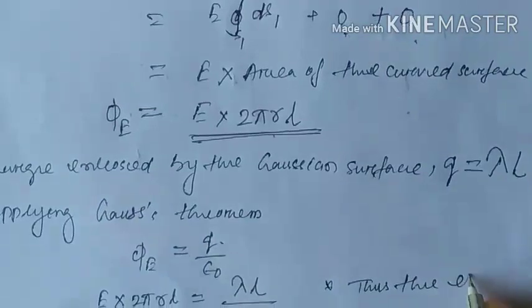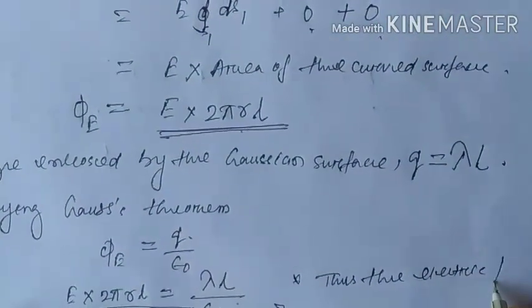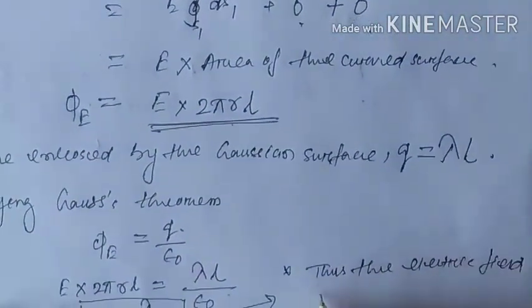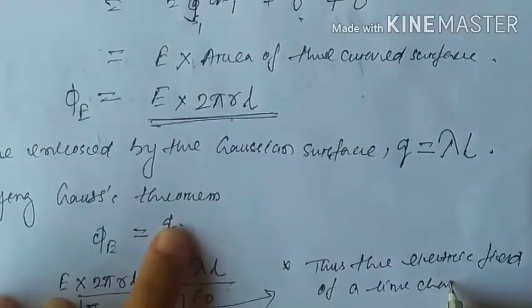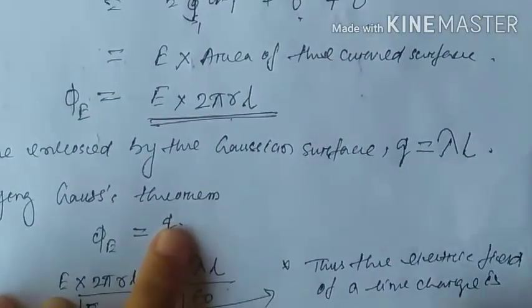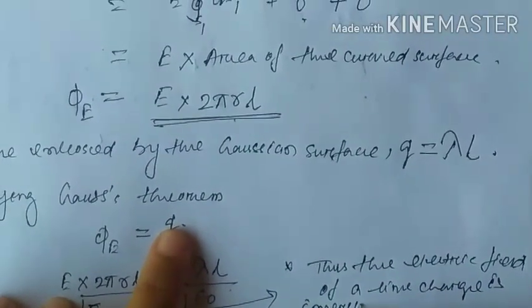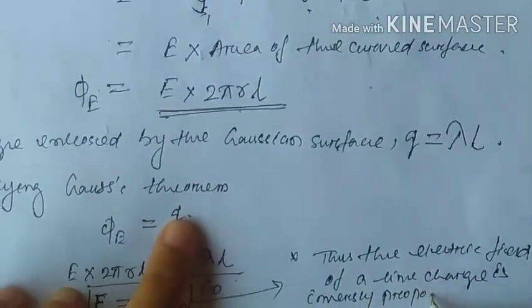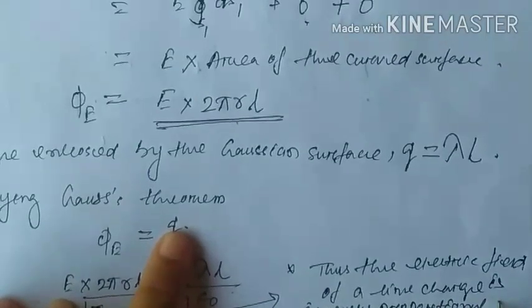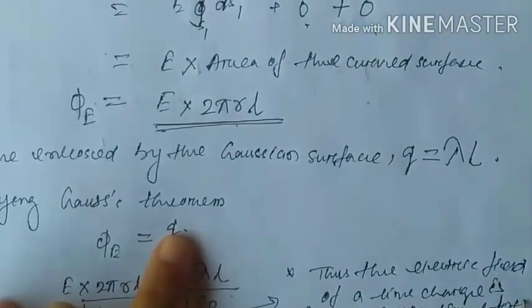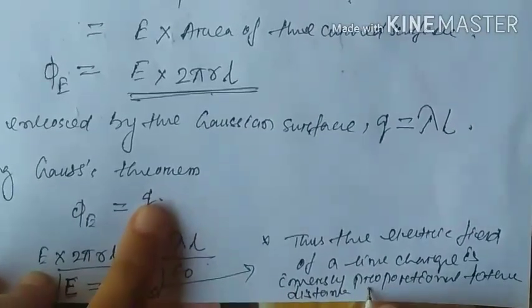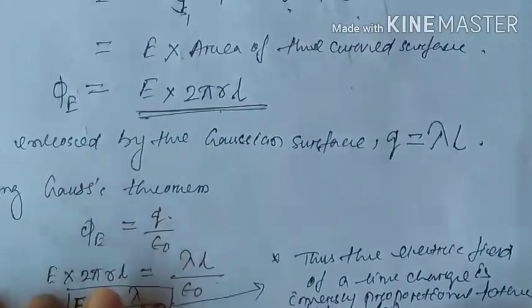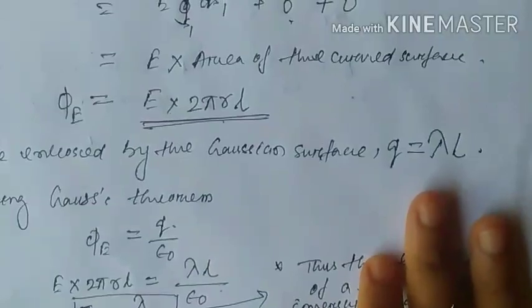Thus the electric field of a line charge is inversely proportional to the distance R from the line charge, right?